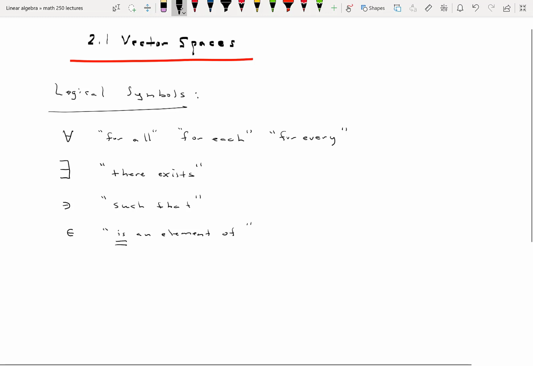You can just interpret it as an element of, or a member of. Some will read this as is in. Okay. Again, I'll be giving you some examples of this very, very soon, so hold on.